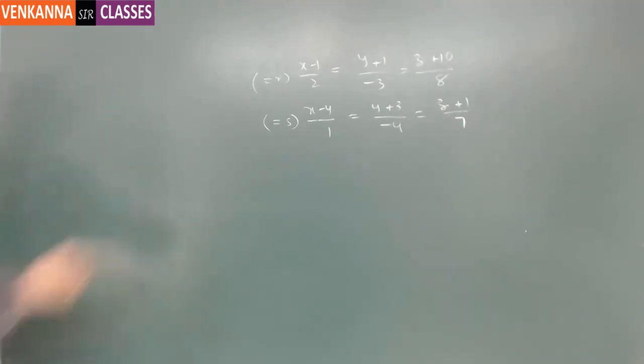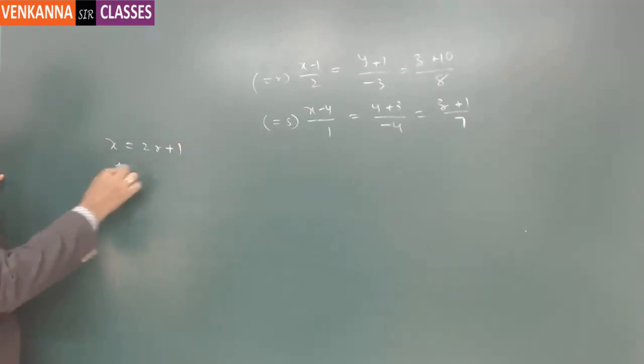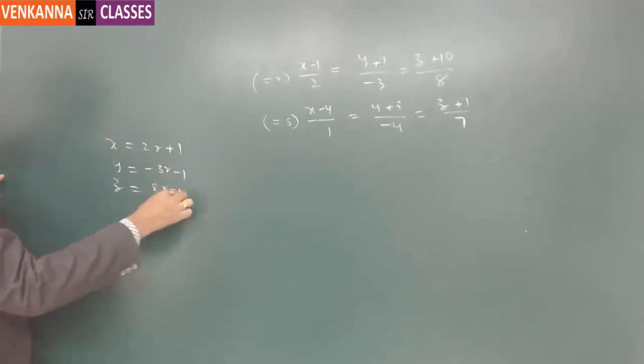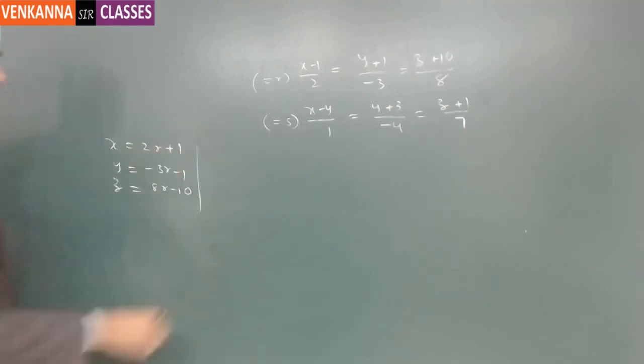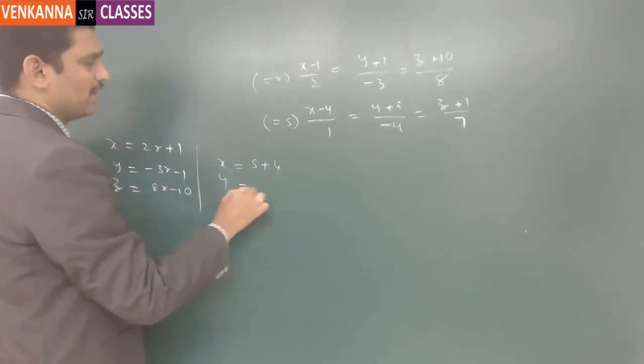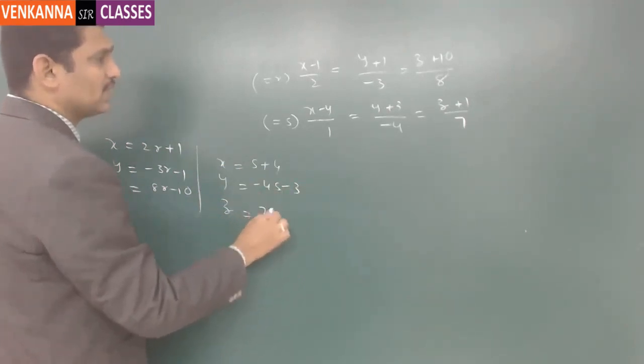So if you write the parametric form, x is equal to 2r plus 1, y is equal to minus 3r minus 1, z is equal to 8r minus 10. And for the second one, x is equal to s plus 4, y is equal to minus 4s minus 3, z is equal to 7s minus 1.